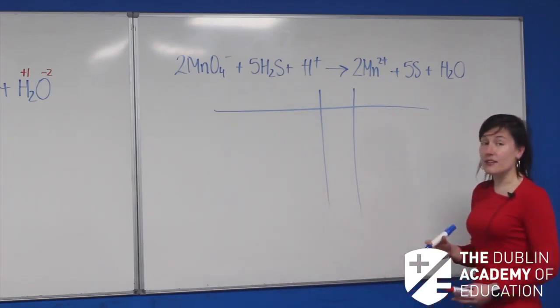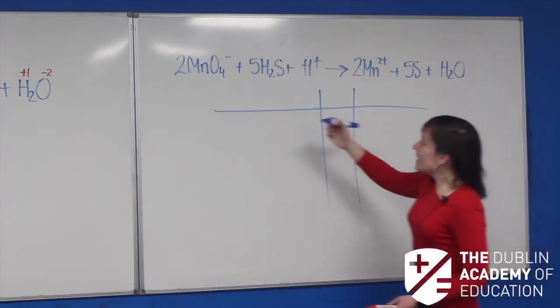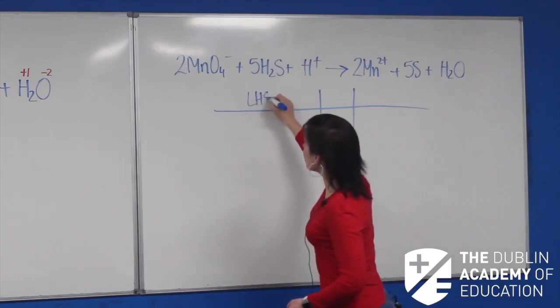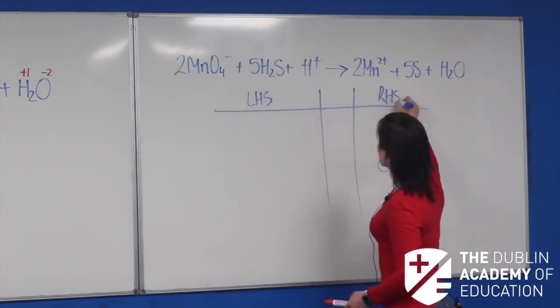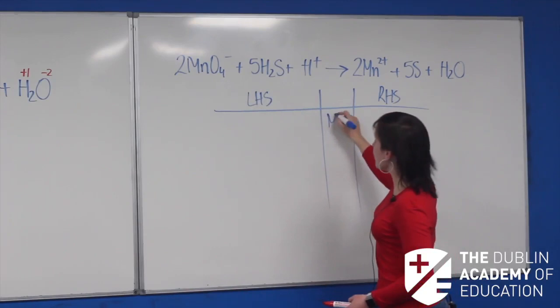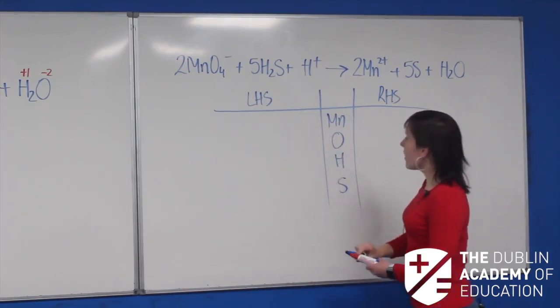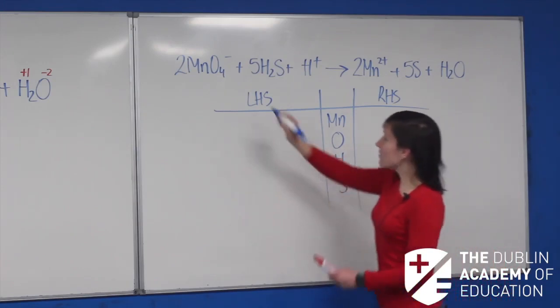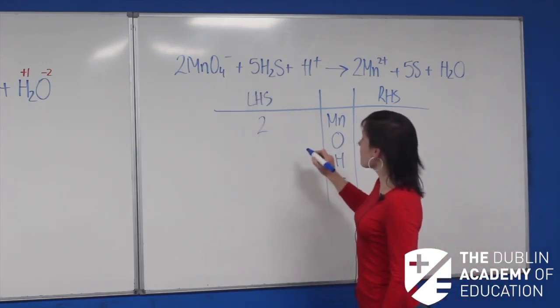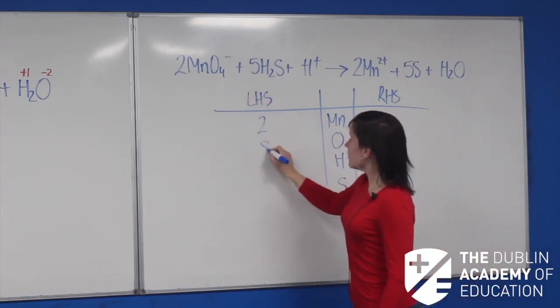Okay, now we've balanced our electrons, but we can still see that we don't have the correct number of atoms on either side, okay? So we need to, on the left-hand side and on the right-hand side, write out how many of each type of atom we have, okay? So we have, on the left-hand side, we see that we have 2 manganese, okay? We have 8 oxygens.